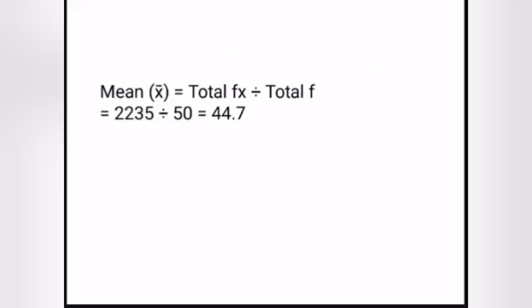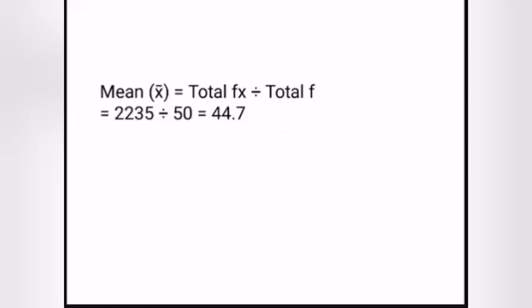So mean, remember the formula I told you earlier. Mean is represented as x bar, that's x with a small dash on top. That's what we use in representing mean. So mean is total fx, that's summation fx divided by summation f.